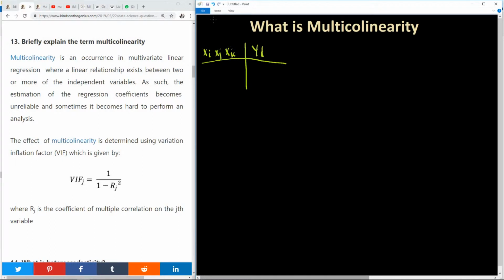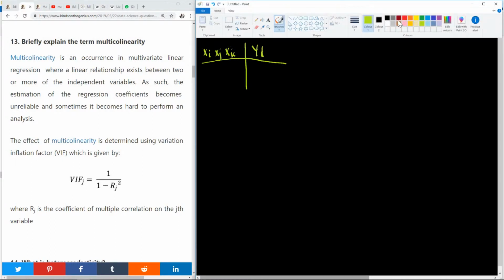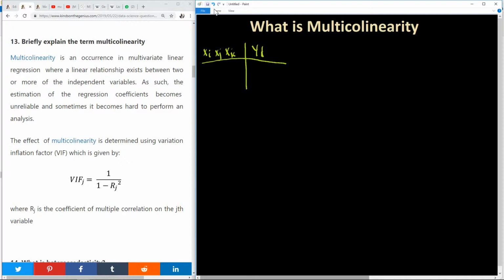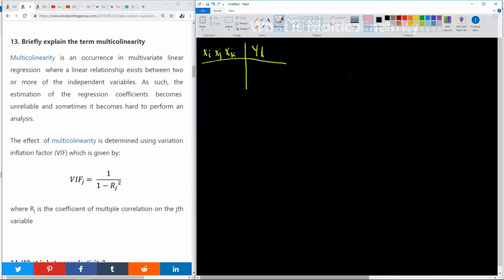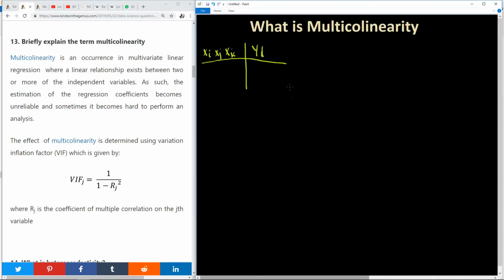Before I highlight how to test for multicollinearity, let me outline some of the challenges of multicollinearity. This is something you should know because in a quiz you can be asked what is a problem, why is multicollinearity a drawback or a problem.